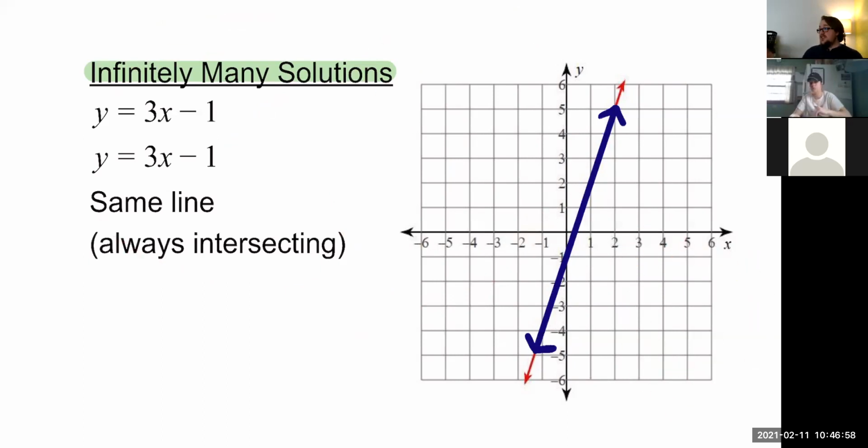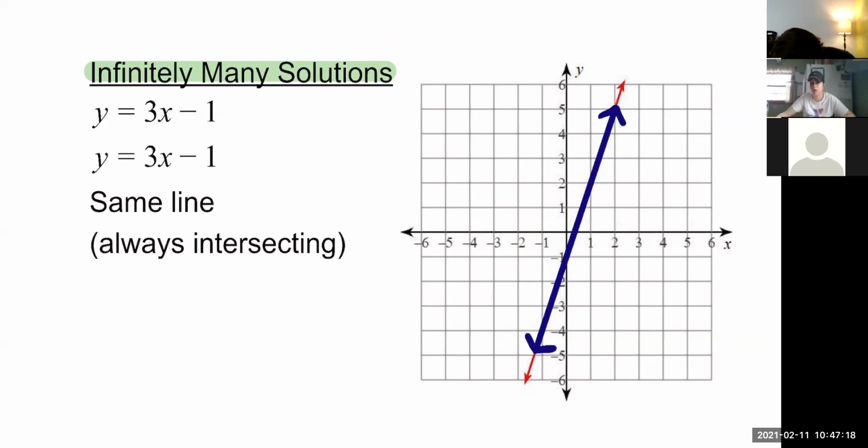There are also still infinitely many points that are not solutions. So sometimes students think infinitely many means everything's a solution. No, there's different parts of infinity, which is kind of hard to imagine at this level, but know that any point on these lines would count.